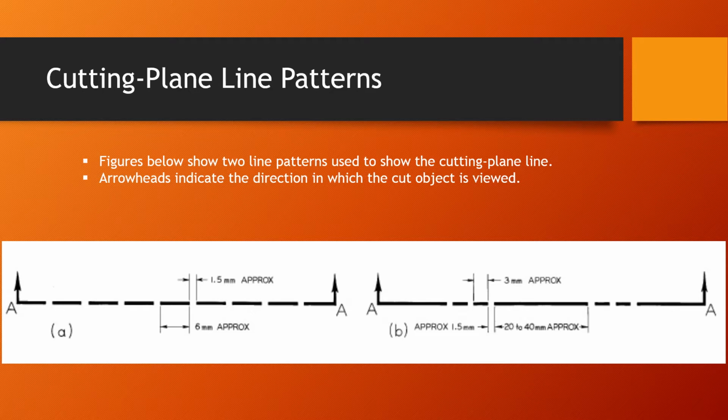In figure A, the dash length is approximately 6 millimeters and the gap is 1.5 millimeters. In figure B, the gap is the same 1.5 millimeters and the solid line is approximately 3 millimeters. If you want to use the B pattern, the long line should be approximately 20 to 40 millimeters.